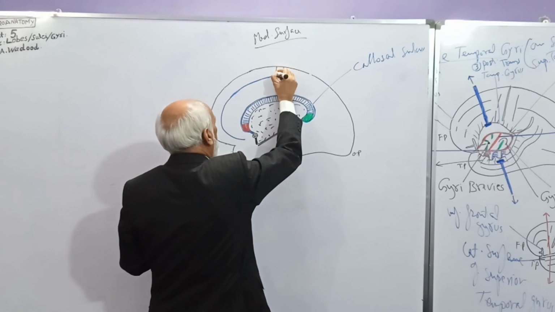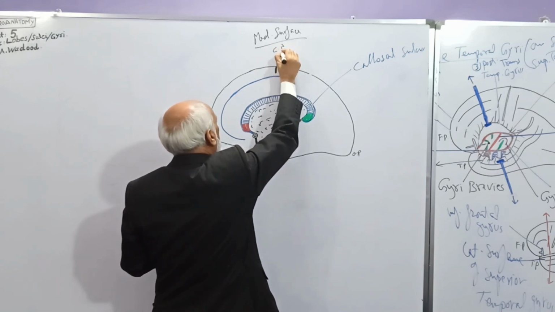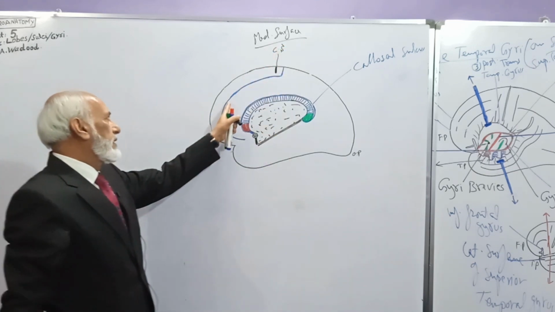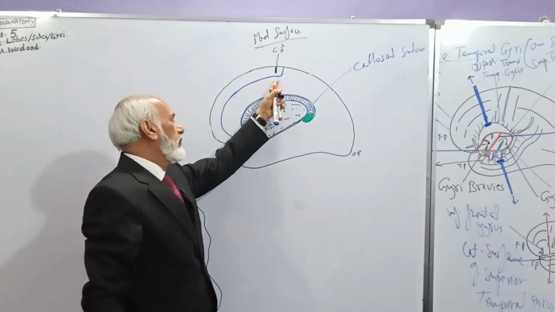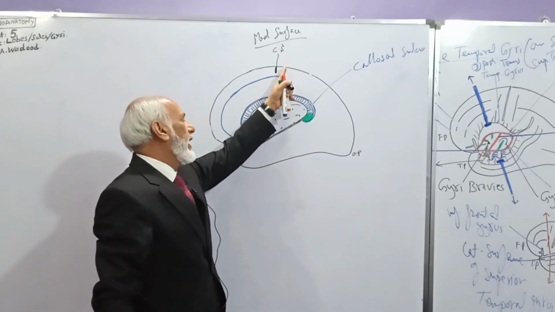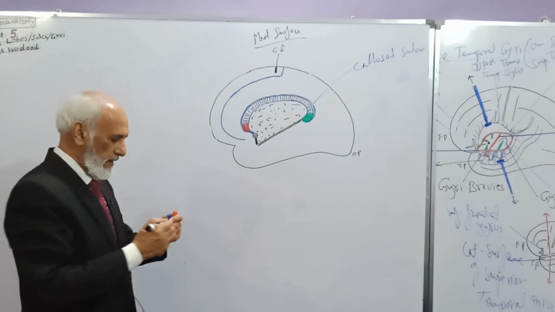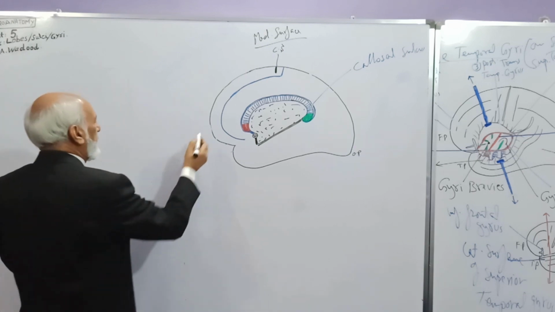You know, part of the central sulcus is on the upper part of the medial surface. This is central sulcus. So it crosses the central sulcus and then turns upwards to end at the supromedial border. This is known as cingulate sulcus.